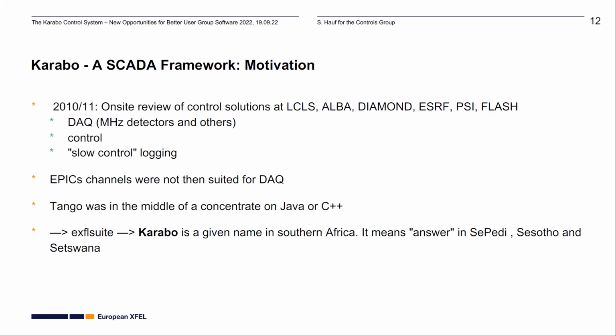And EPICS wasn't really found suitable for the DAQ, and Tango was still deciding where to go. So the decision back then was made to develop yet another control system, which first was named Karabo Suite, but soon renamed to Karabo, which is Swahili for the answer.